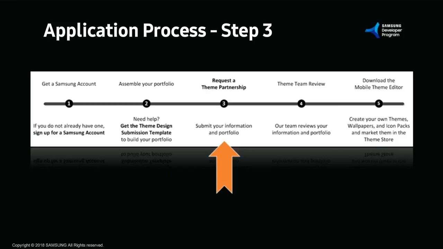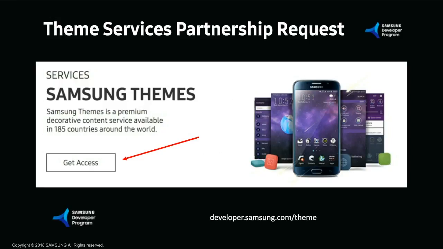The next step, step 3 in the application process, is requesting the theme partnership. During the open window cycle, if you log into Samsung.com with your Samsung account, you will notice there's a Get Access button.